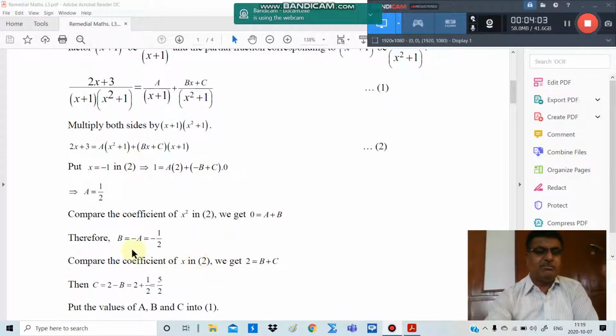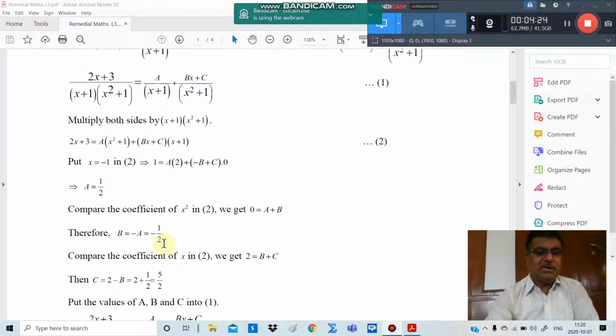Therefore b is equal to minus a, which is minus half. Why b equal to minus a? Due to this equation, that is a plus b equal to 0. Therefore b equal to minus a, and we know a equal to half. Therefore this is minus half.